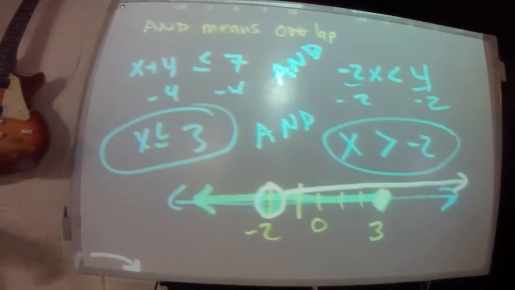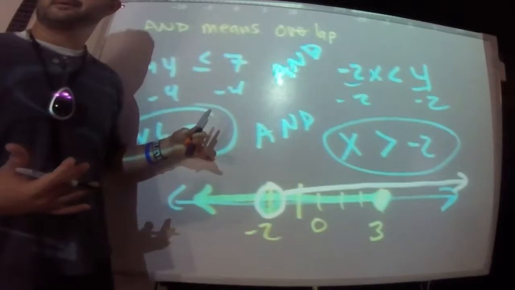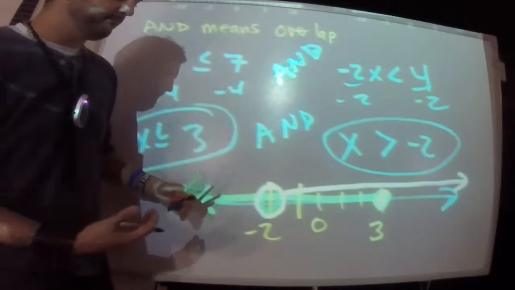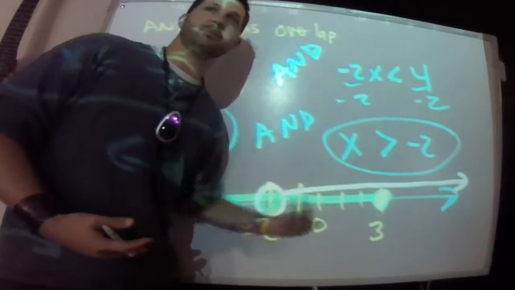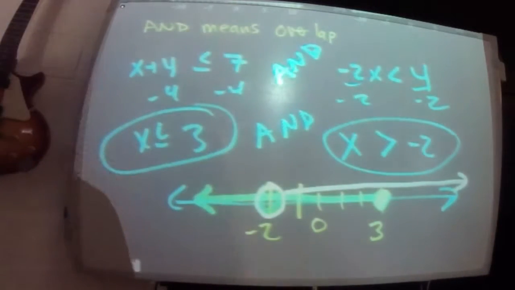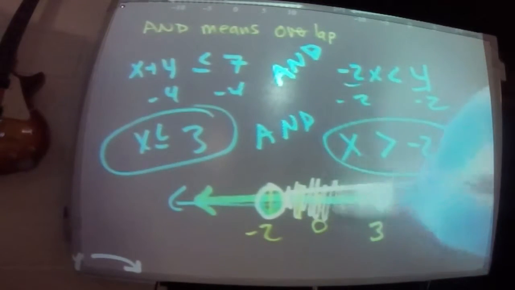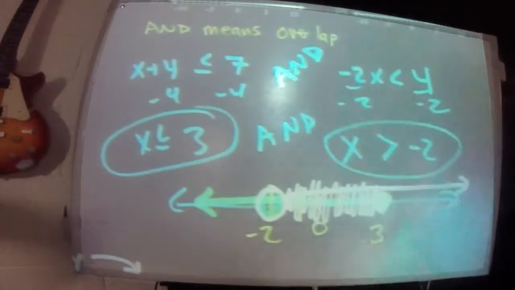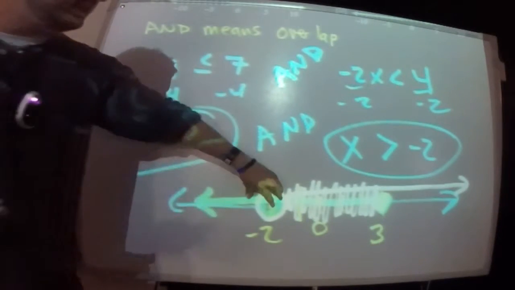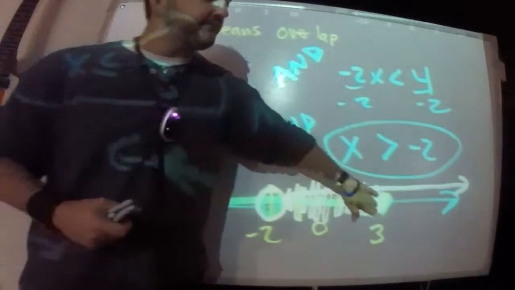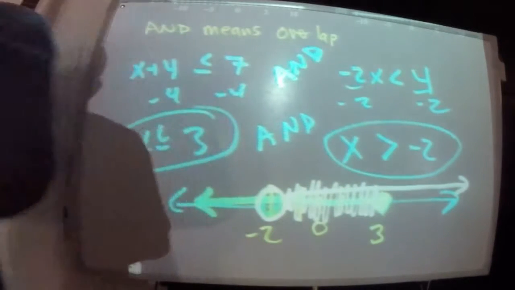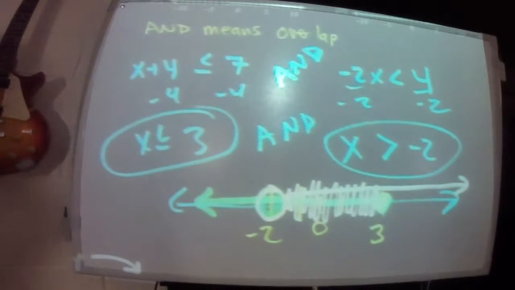The question is, where did these things overlap? Between those two dots, they overlap right here. The overlap is the answer. So we should have an open dot at negative 2, and we should have it shaded all the way to a closed dot at 3. So you have these two dots connected.